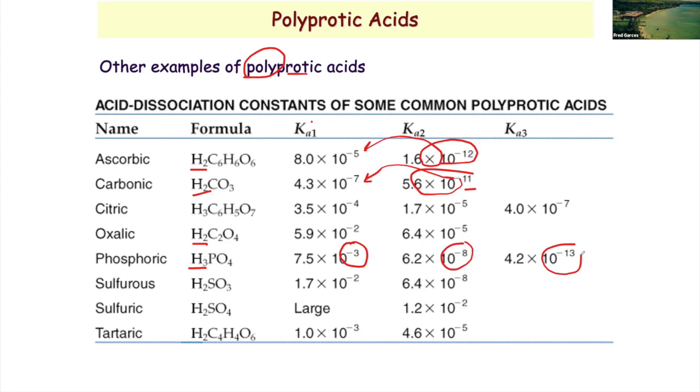If you put a very strong base with phosphoric acid, the strong base will tell phosphoric acid, give me all your hydrogens. Like if you mix phosphoric acid with sodium hydroxide, if you have an equal amount of phosphoric acid and sodium hydroxide, then only the first hydrogen will come out.